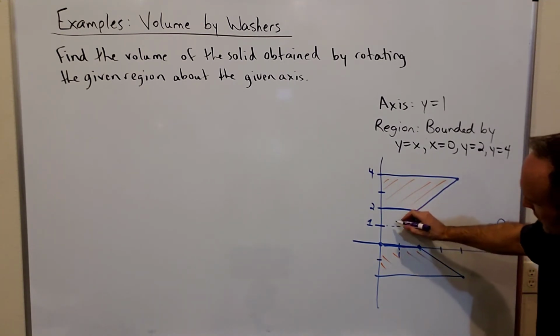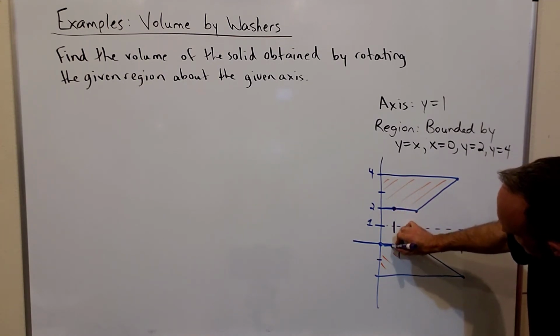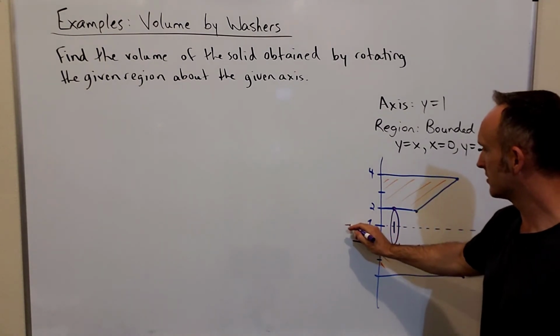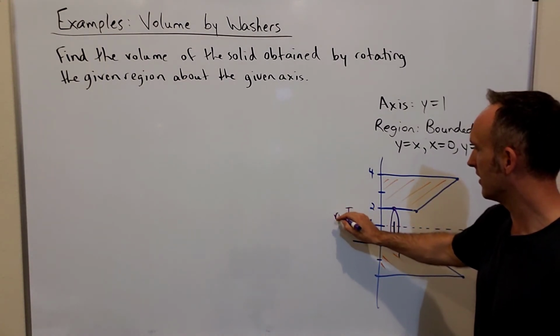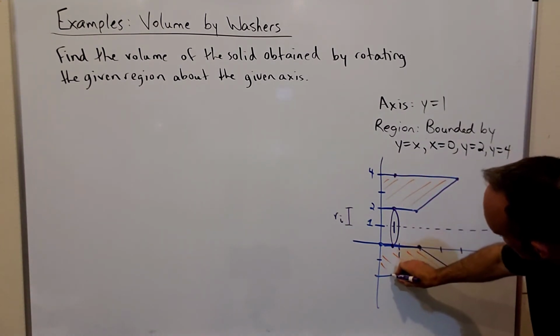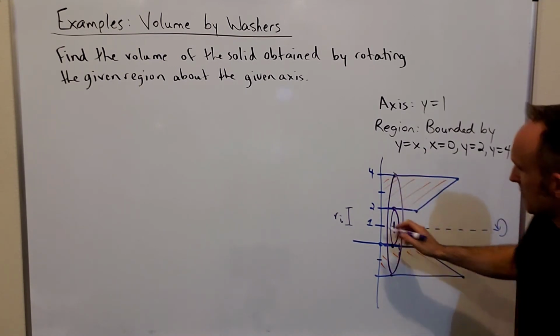So I'll slice it vertically. If I slice it right here, my inner radius looks like that. It's that distance. And then my outer radius, if I keep slicing all the way through, looks like this.